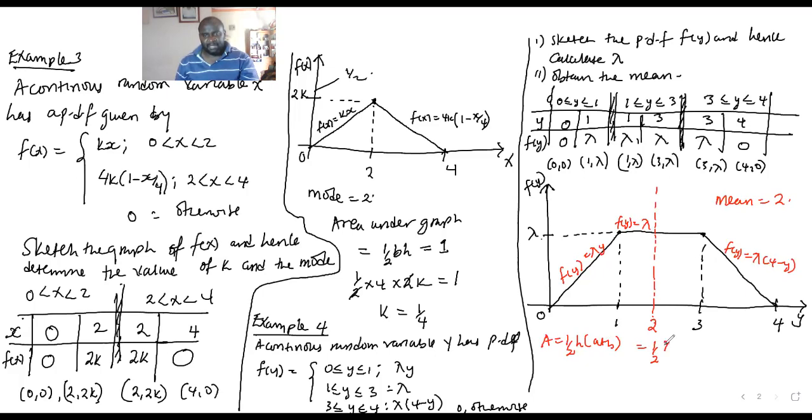The height is lambda. The a is 3 minus 1, which is 2, plus the longest side b, which is 4 minus 0, which is 4. The whole of this sum has to be equal to 1. Because this is 2 and 6, you'll get 3 lambda is 1. Your lambda is a third. And thus, we would have attempted the question as per what it wanted.